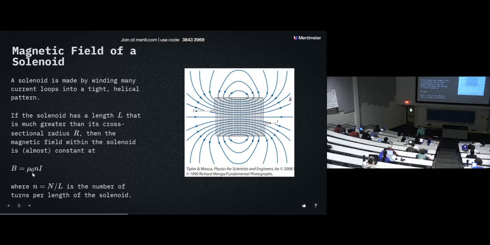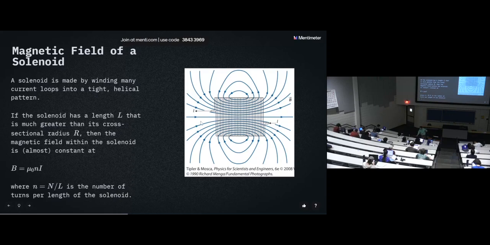And if that solenoid is long and straight and has constant cross-sectional radius r, then you could show that the magnetic field inside that solenoid is constant, equal to mu naught times n times I, where little n is the number of turns per length. So say, for example, I can fit 50 turns of wire in per centimeter along the axis of my solenoid.